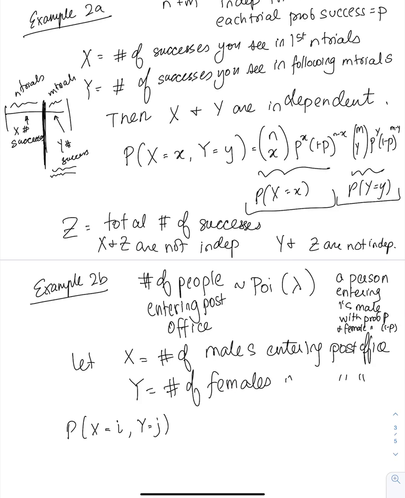What's the probability X equals i and Y equals j? Well, we can write this using the total number of people.